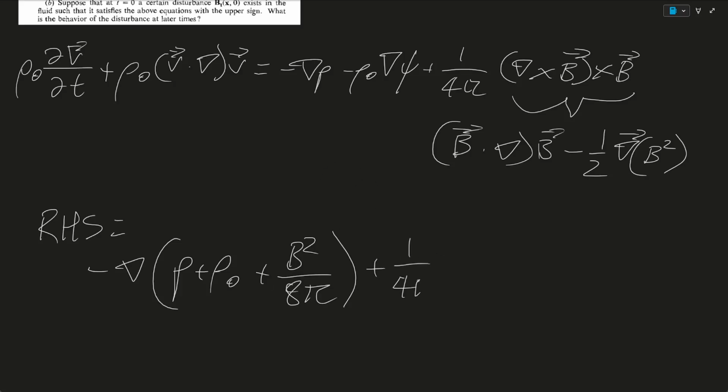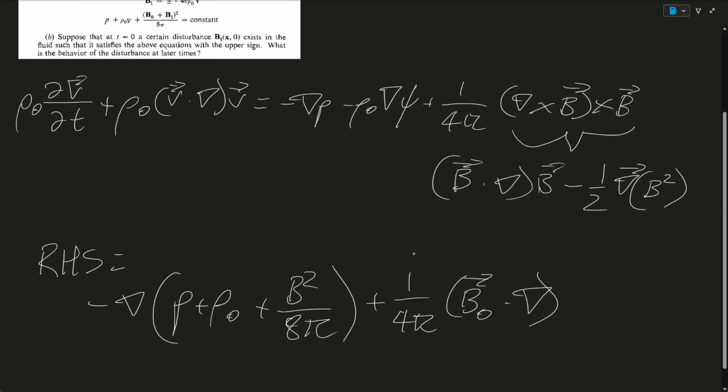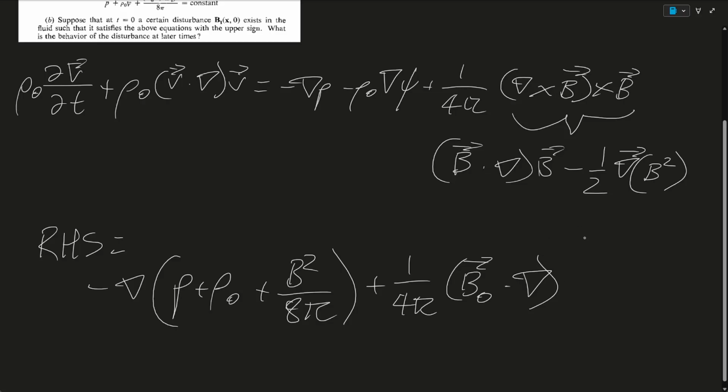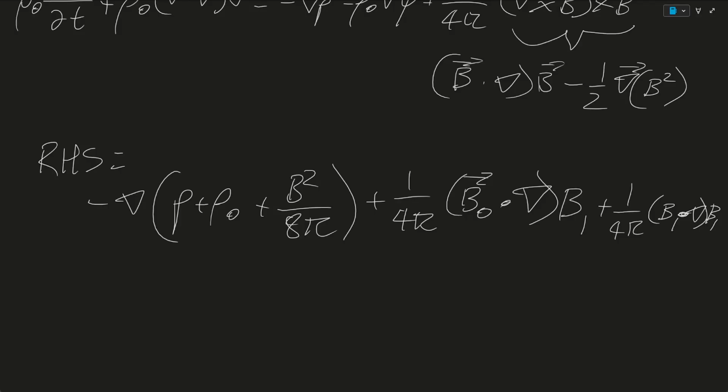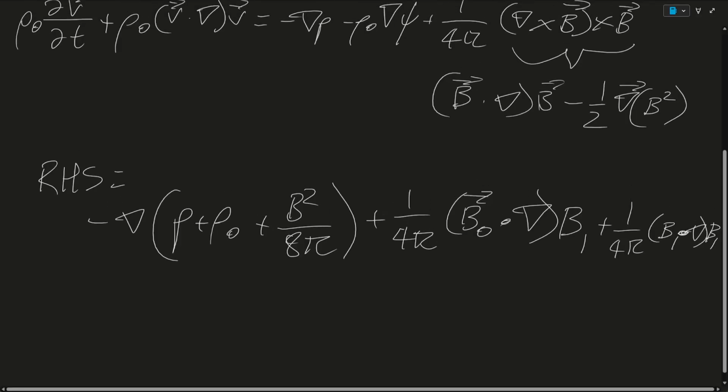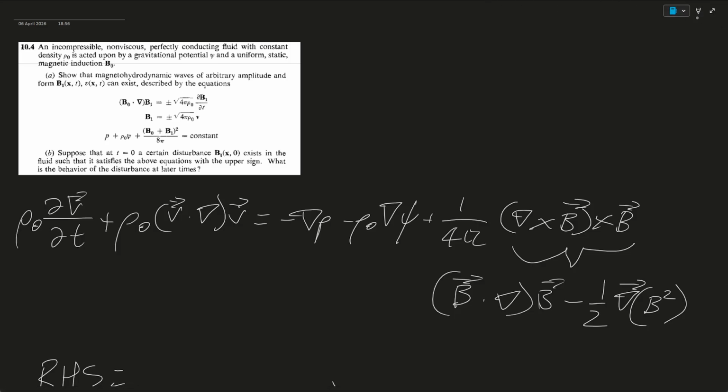Plus 1 over 4 pi B0 dot del B1 plus 1 over 4 pi B1 dot del B1, running out of space. That's alright. We have something very useful here, which is in the question we are told, we can pretend we're on a blackboard.